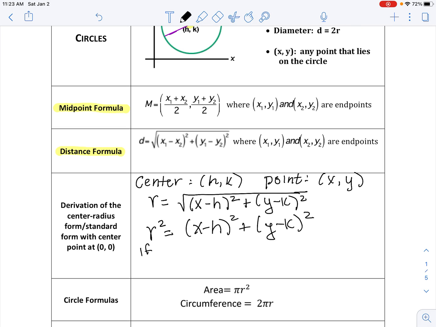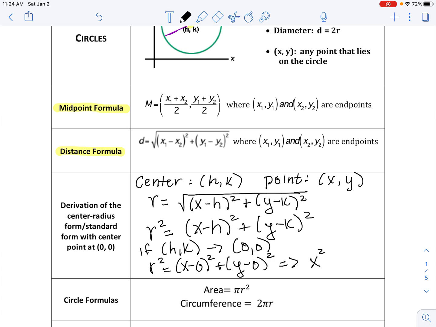Now, if H, K were positioned at 0, 0, so in other words, if your center point was the origin, or 0, 0, then that equation would become r squared equals x minus 0 squared plus y minus 0 squared, which ends up being x squared plus y squared equals r squared.